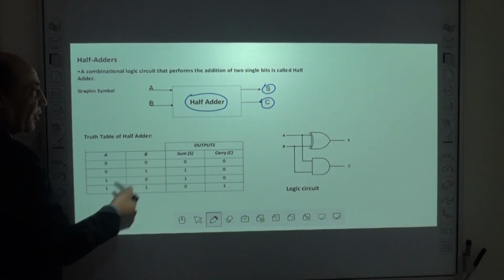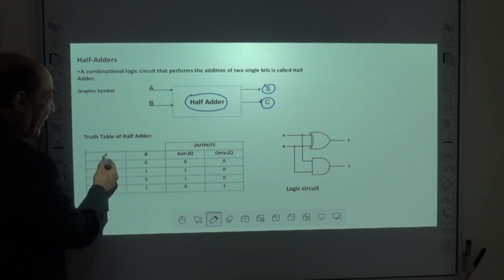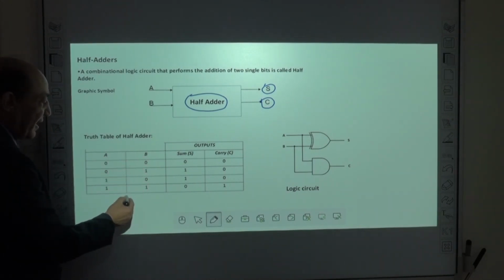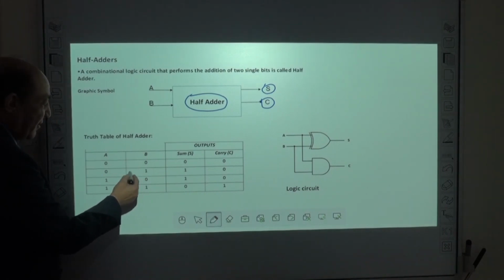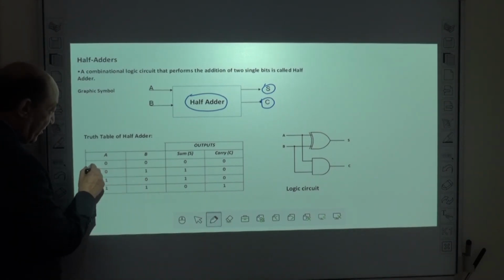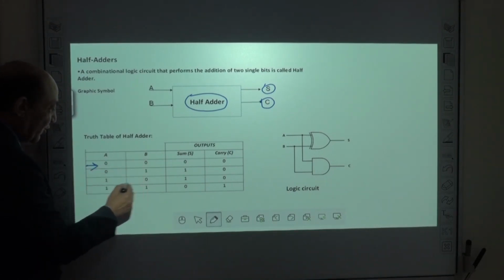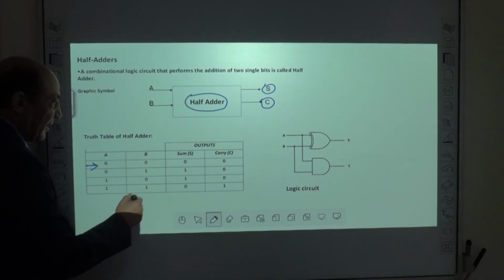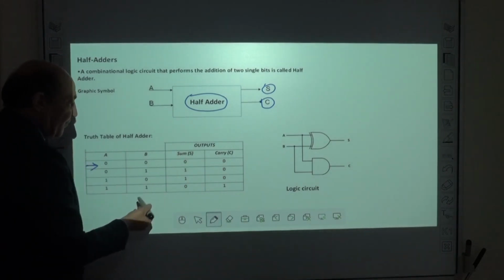A truth table for half adder: we have 2 inputs A, B. We list all the combinations on the truth table: 0 0, 0 1, 1 0, 1 1, and the outputs are sum and carry.